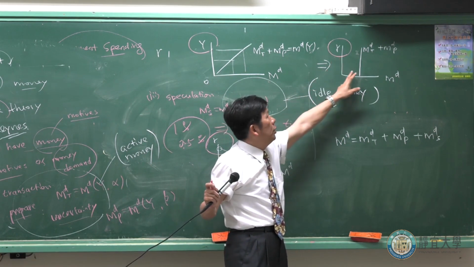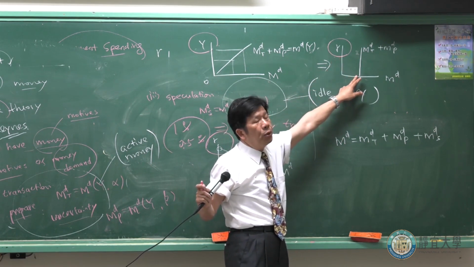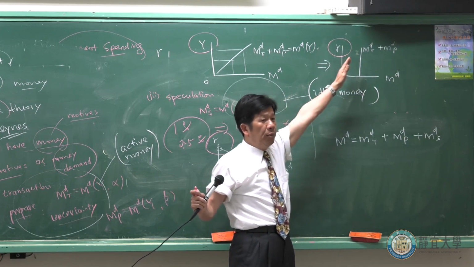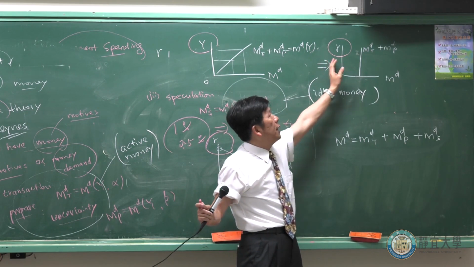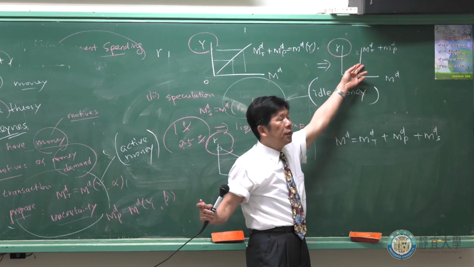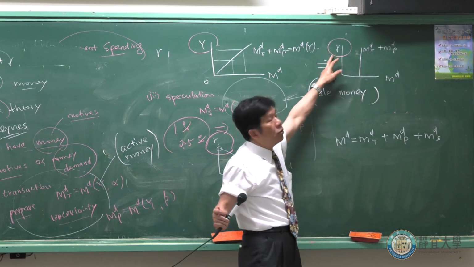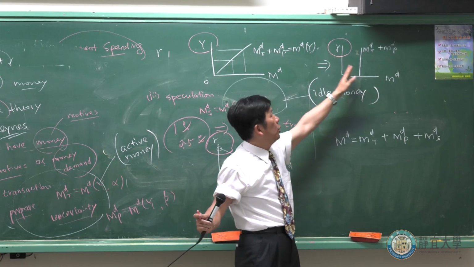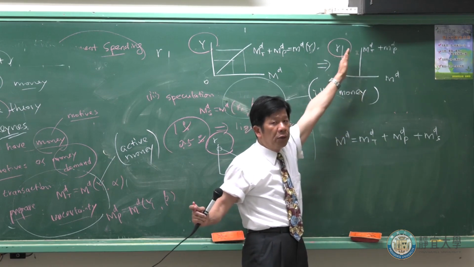So this line becomes vertical, because these two motives do not have any relationship with the interest rate. No relationship, so they become vertical.